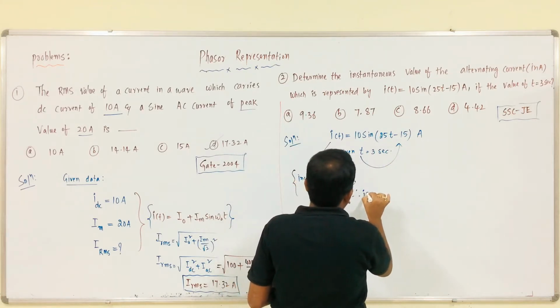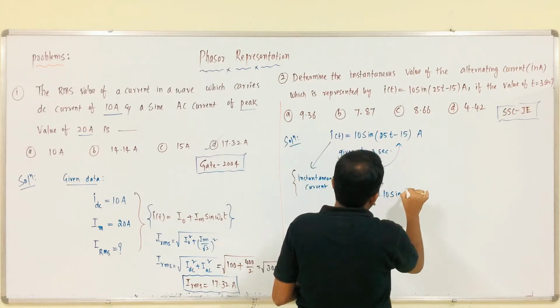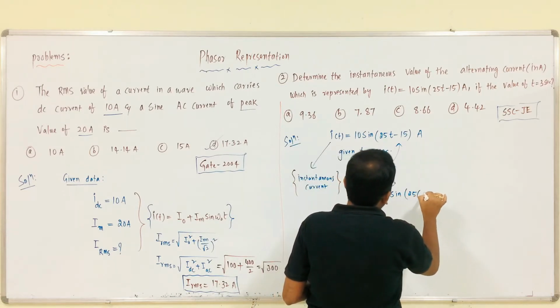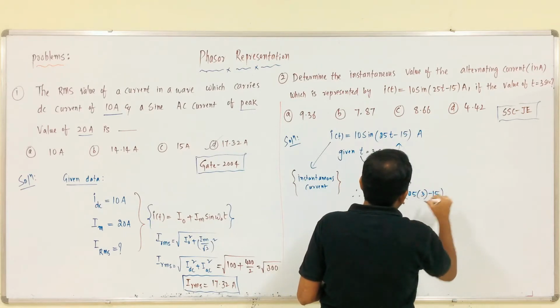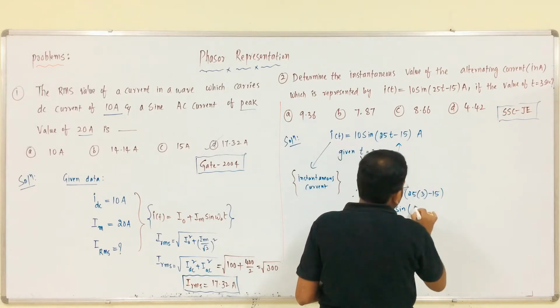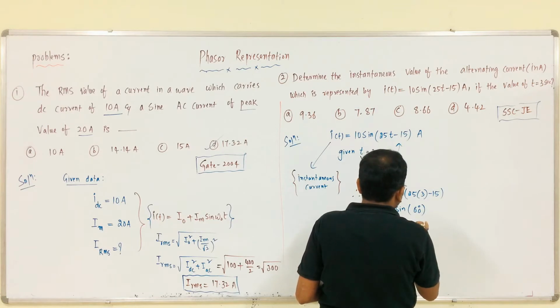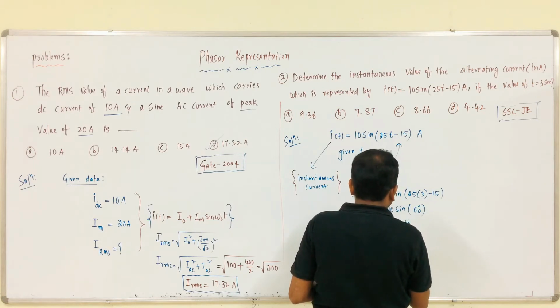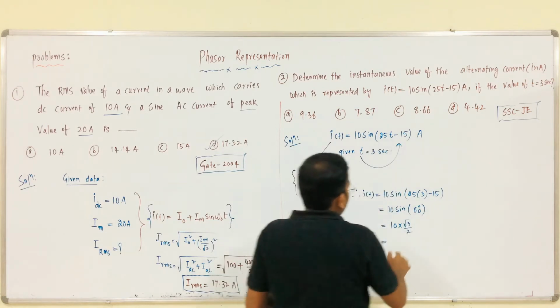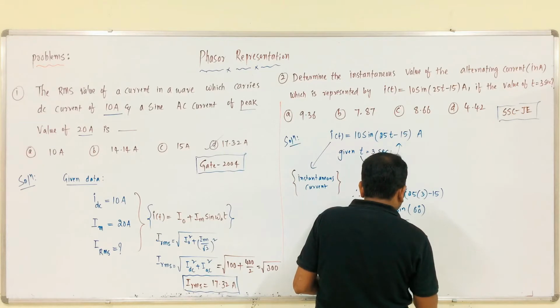Therefore, i of t is equal to 10 sin(25 into 3 minus 15), which is 10 sin 60 degrees, which is equal to 10 into root 3 by 2, that is 10 into 0.866, which is equal to 8.66.